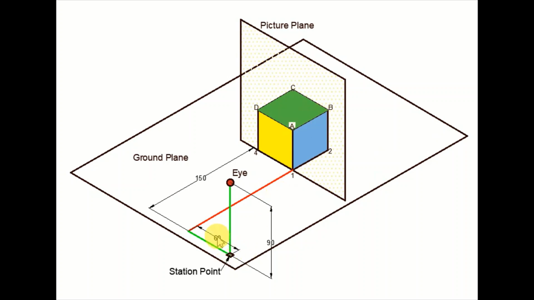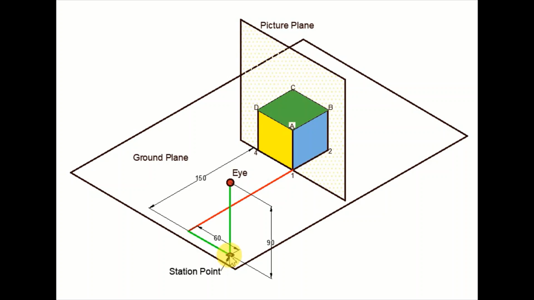So from the given data we can make out that the observer in this case is standing like this. This green line represents the observer. The height of the eye level is also given to be 90 mm above the ground level. So this red spot here represents the eye level of the observer, and the feet of the observer are shown here, and this point is also known as the station point.